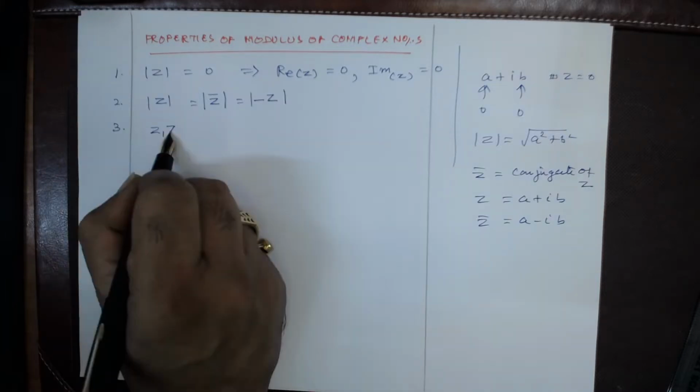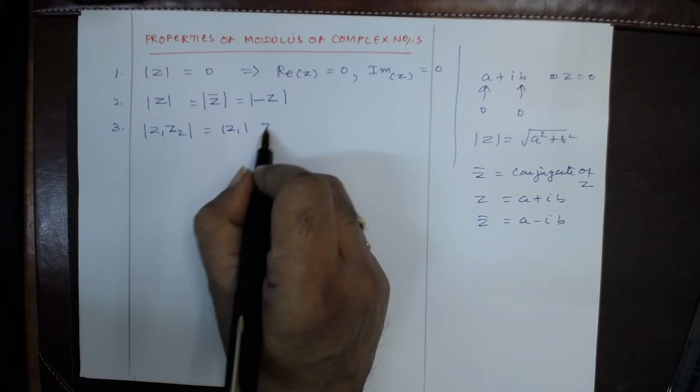Third property, the modulus of product of two complex numbers is equal to the product of z1 modulus and z2 modulus.